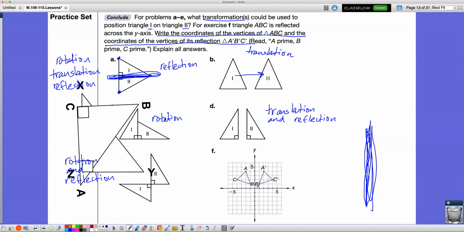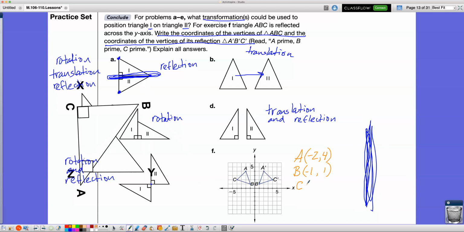So in this case, all you have to do is look at the coordinates for A. So A is at, looks like it's a -2, 4. So that's -2, +4. B is at -1, +1.